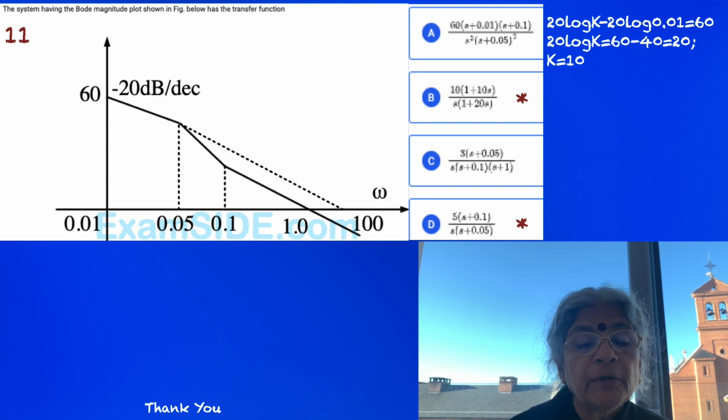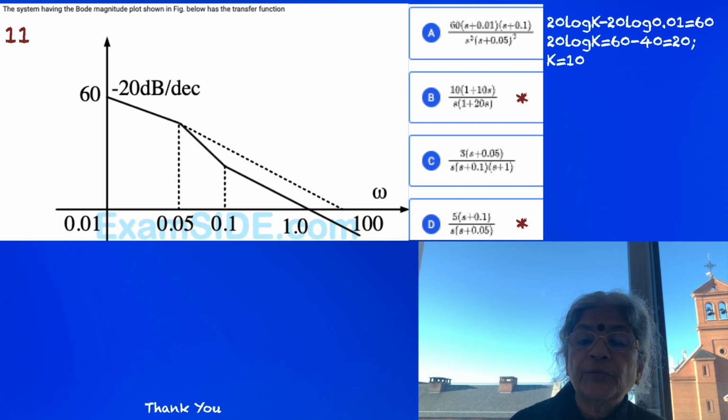So we have 20 log K minus 20 log 0.01 equal to 60, minus because s is in the denominator. If you solve that, you can see that K is equal to 10. So answer B is right.